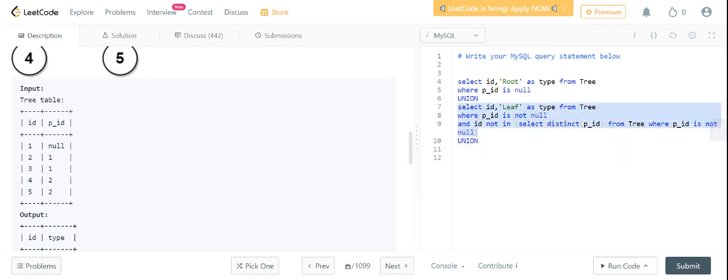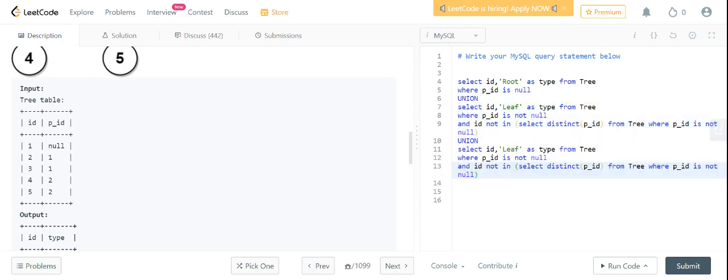You just select all the queries from the leaf node and remove the not in, because the above two logics are written, one for the root node and one for the leaf node.